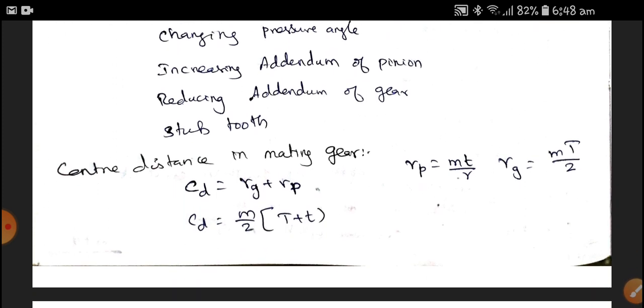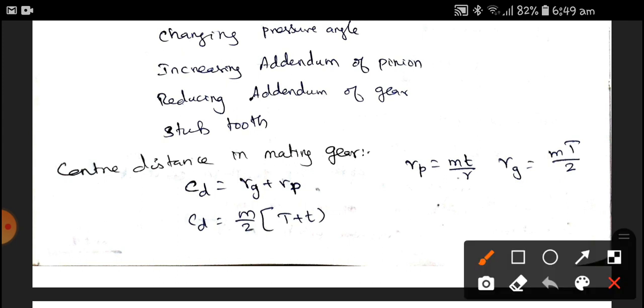Next is the center distance in the mating gear. The center distance is equal to the radius of the gear plus the radius of the pinion, where the radius of the pinion is module into number of teeth divided by 2. Please change the formula, here it is 2.